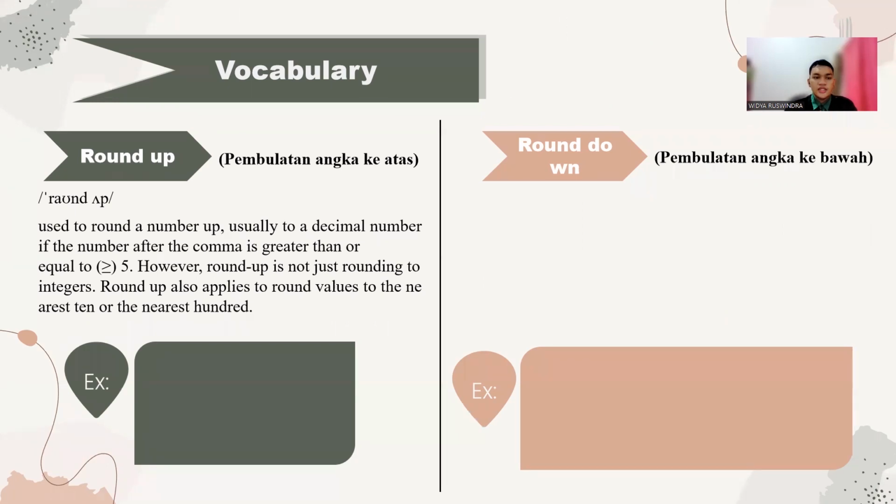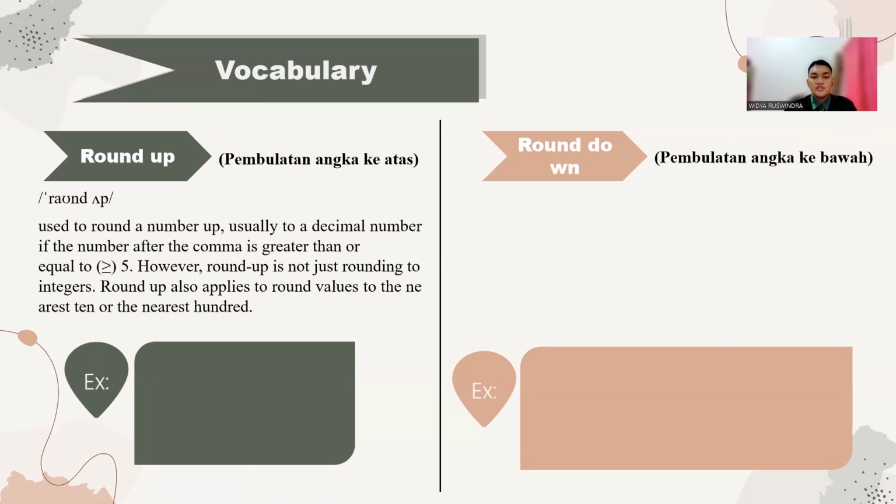The next vocabulary is round up, or in Bahasa we say pembulatan angka ke atas. The pronunciation is round up. It is used to round a number up, usually a decimal number, if the number after the comma is greater than or equal to 5.